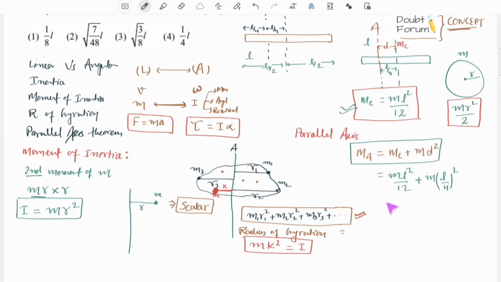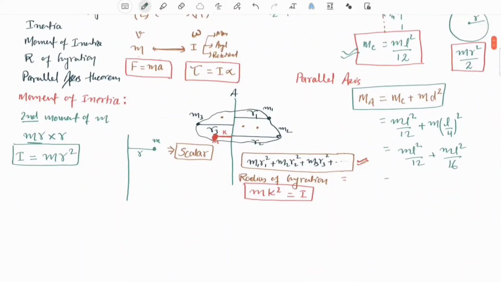So we calculate ml square upon 12 plus ml square upon 16, and we solve it. The common denominator is 48, so 4 times and 3 times, and it becomes 7 ml square upon 48. So this is the moment of inertia about the desired axis in the question.